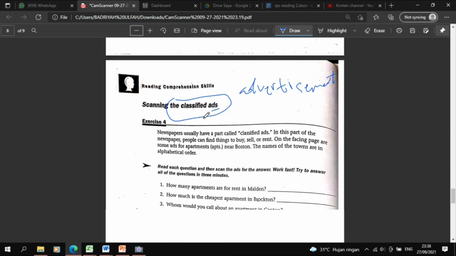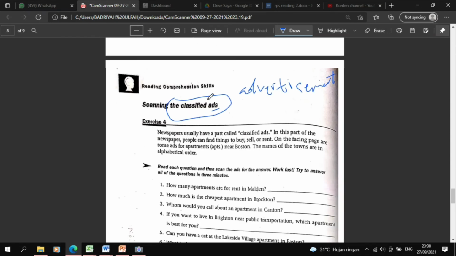You have ads. Yeah, the classified ads. Ads means advertisement. So mostly we find advertisements in the newspaper, right? Newspapers usually have a part called classified ads. In this part of the newspaper, people can find things to buy, sell, or rent.